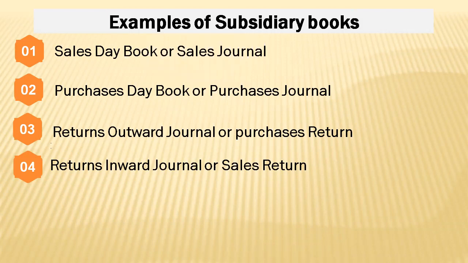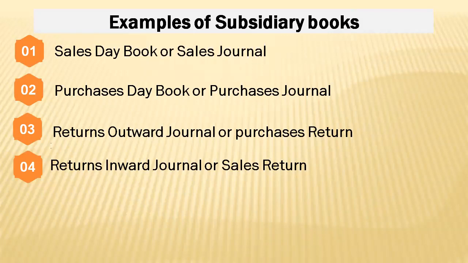So, examples of books of original entry. We are going to be looking at 6 examples. The first one is the sales day book, also known as the sales journal.